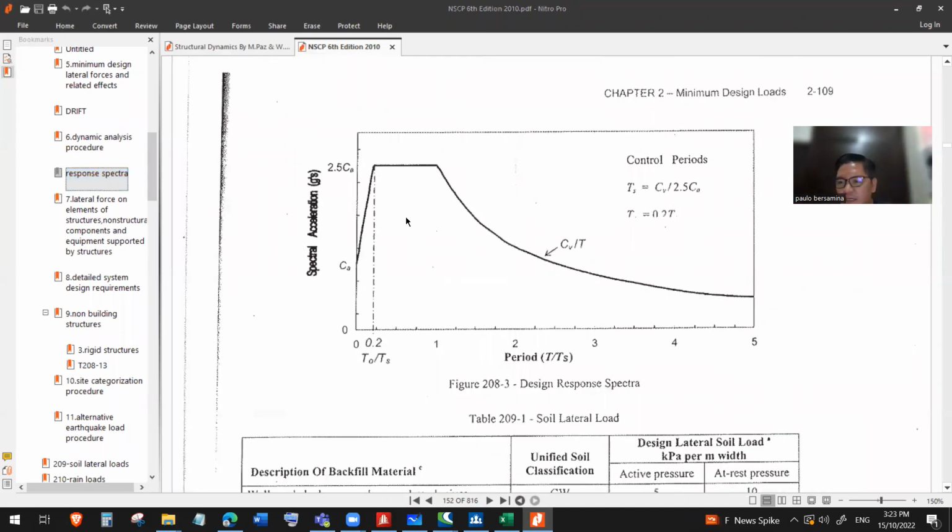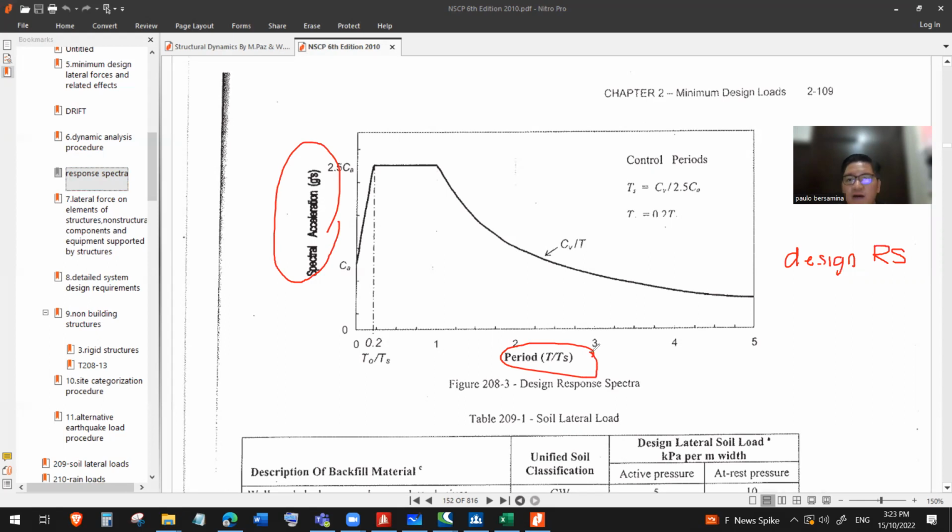Design, because it's based from the code. Response spectra, it's a plot of the spectral acceleration versus the period.